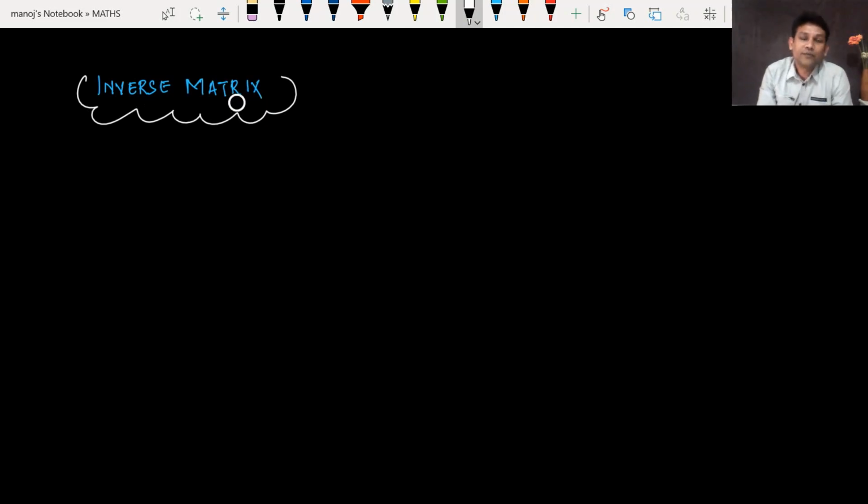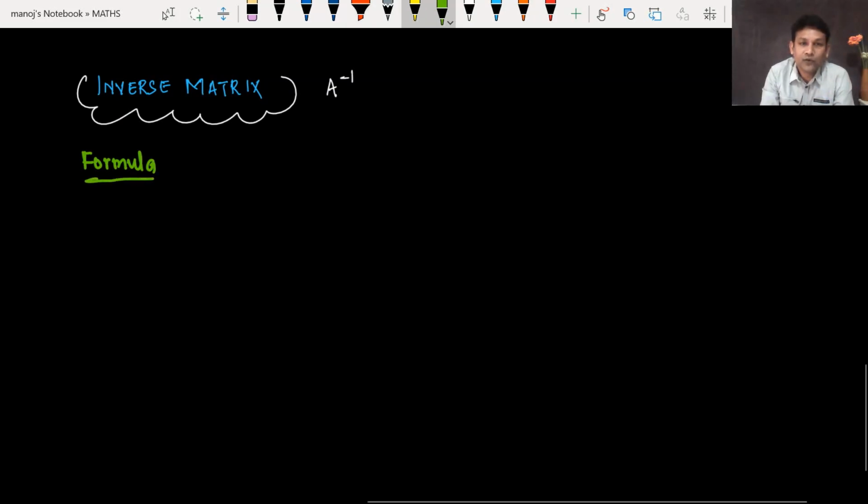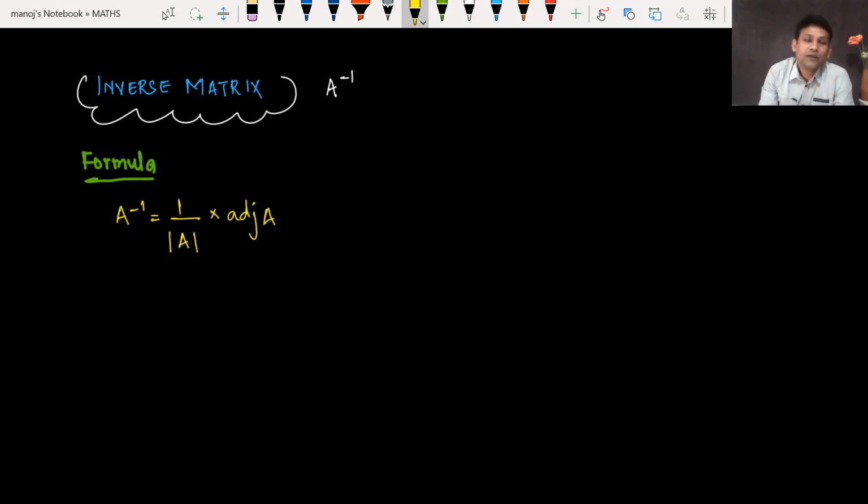Inverse matrix, basically we write, when we have a matrix with power -1, that's the inverse, and there is a formula for finding the inverse matrix. The formula to find the inverse is A inverse equals 1 upon determinant A multiplied by adjoint A. Okay, this is the formula.